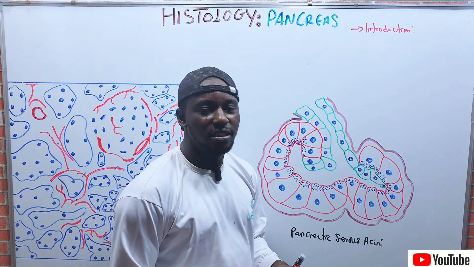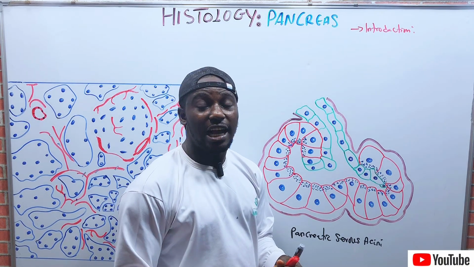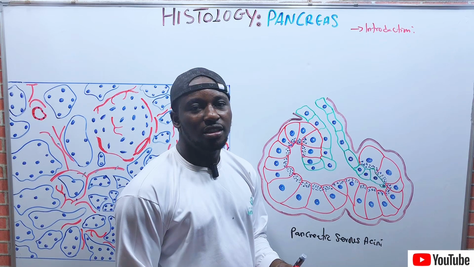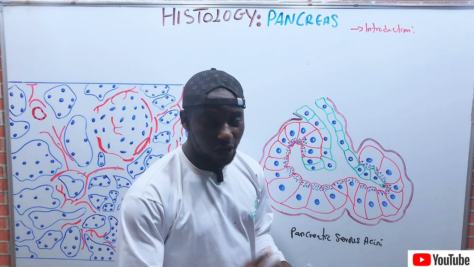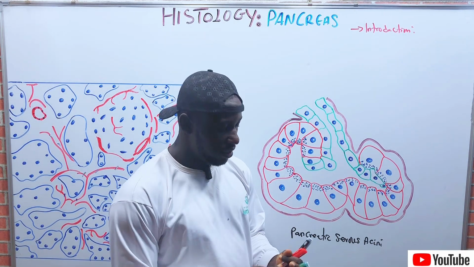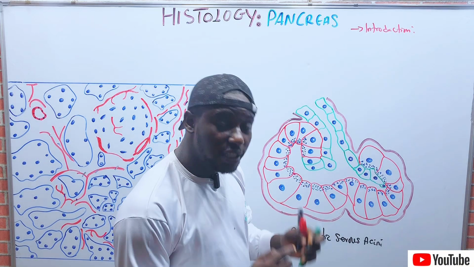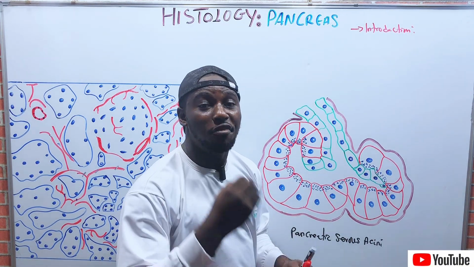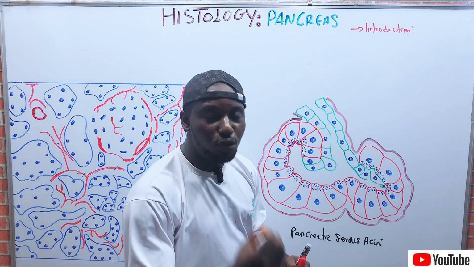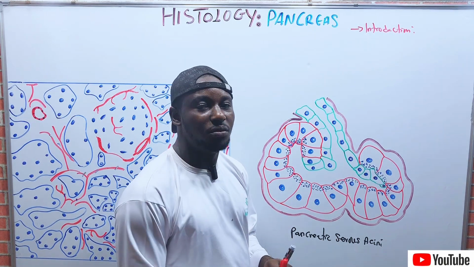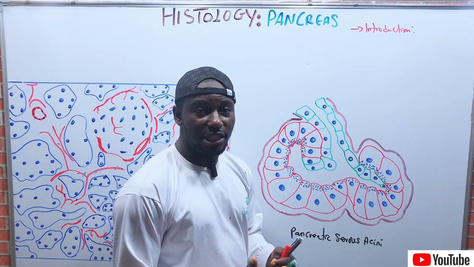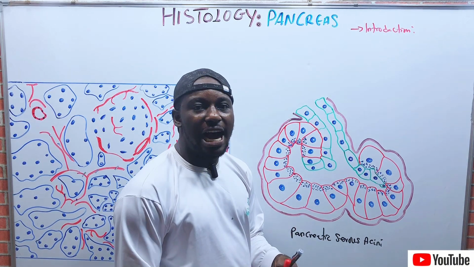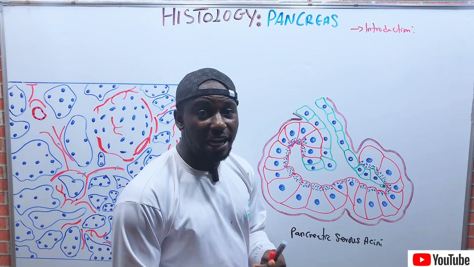A pancreas is an elongated, soft, flat, lobular glandular organ, which is situated at the epigastric and left hypochondriac region.